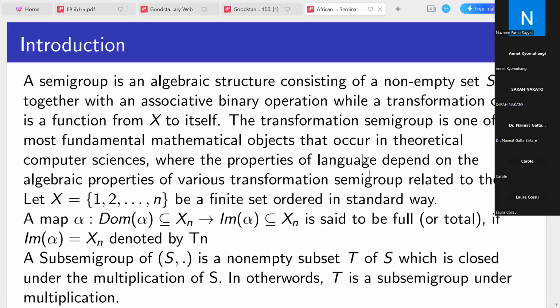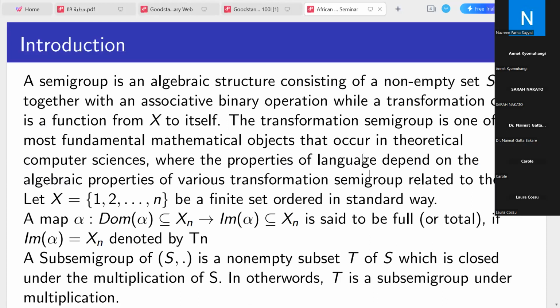So in my introduction, the first thing is to talk about the semigroup. As we all have the knowledge of a group, for a set to be a group, defined on a binary operation, there are three properties that must be satisfied.